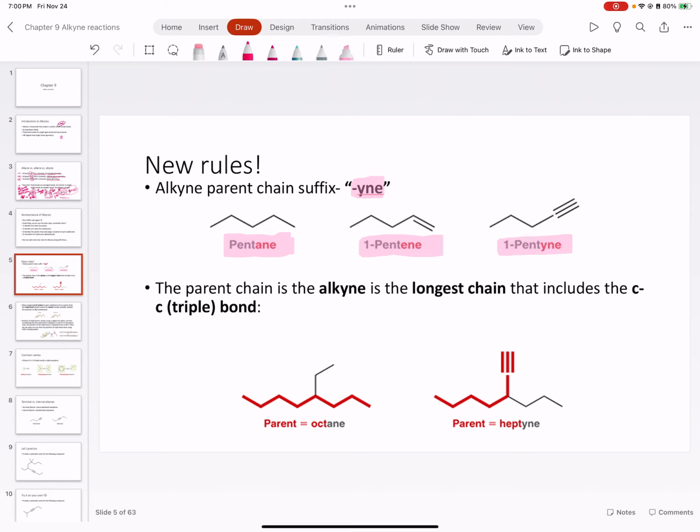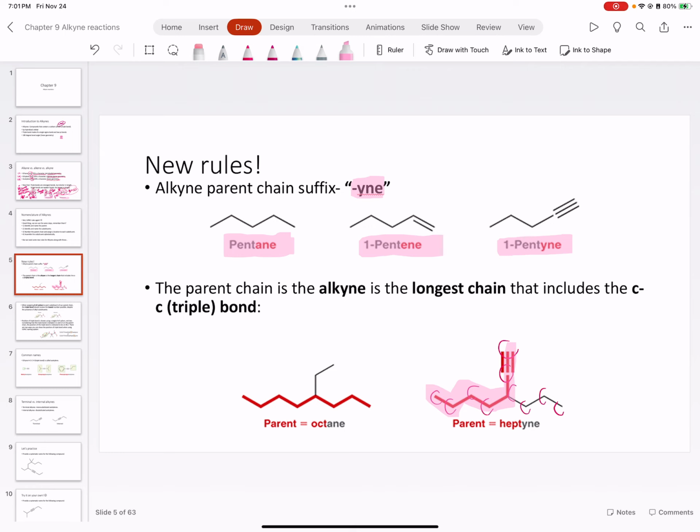In this case, for example, we have 1, 2, 3, 4, 5, 6, 7, 8, right? But in here we have 1, 2, 3, 4, 5, 6, 7. The thing is that this one will end up being your parent chain. We know the parent chain normally is the longest chain, and you'll ask, why didn't we pick the one with 8 carbons?